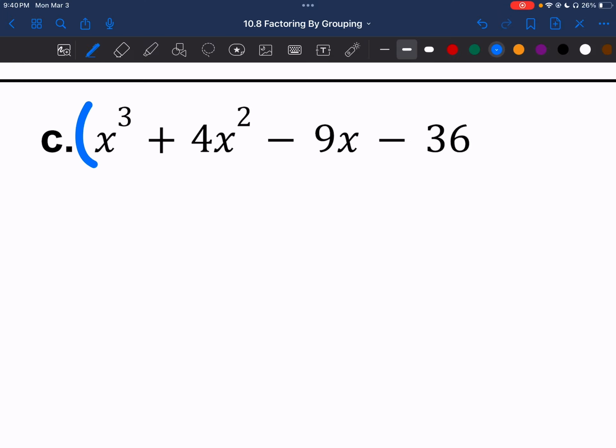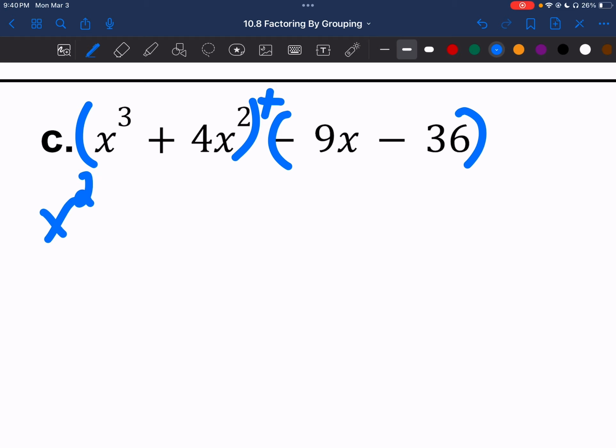Letter C, x cubed plus 4x squared minus 9x and minus 36. I don't have any GCFs that I can take out off the bat, so let's just work our problems here. I put the parentheses in. I put my plus sign in between them because I like thinking of it as adding the opposite. So x cubed plus 4x squared.